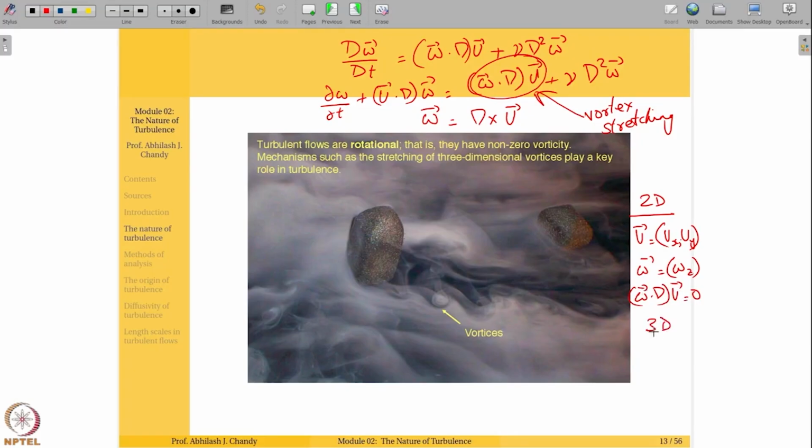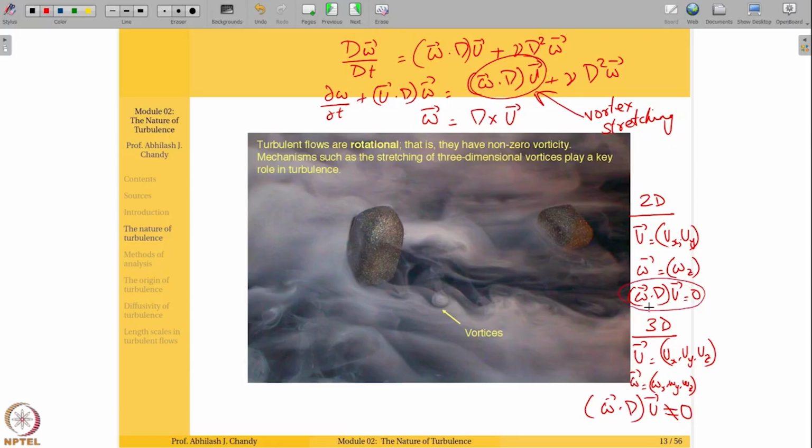In 3D, on the other hand, u is ux, uy and uz, and omega is omega x, omega y and omega z, in which case omega dot del u is not equal to 0.